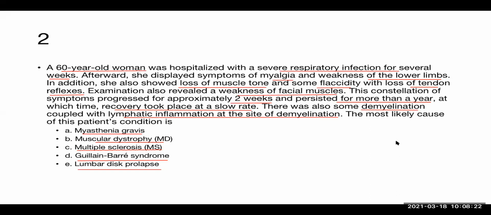And there are all lower motor neuron signs, and clearly demyelination of the neuron cells. Very good, that is a clue for GBS. Both of them are absolutely correct.